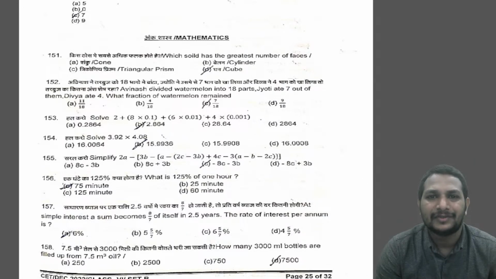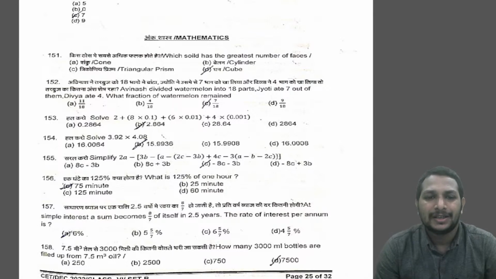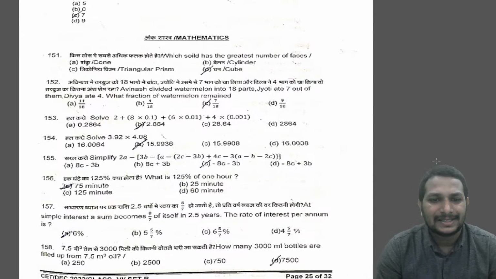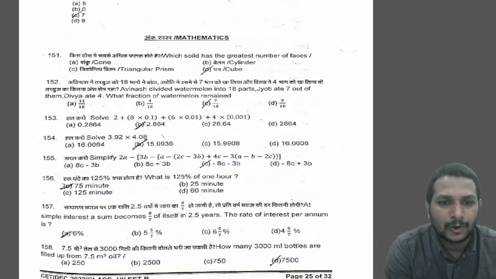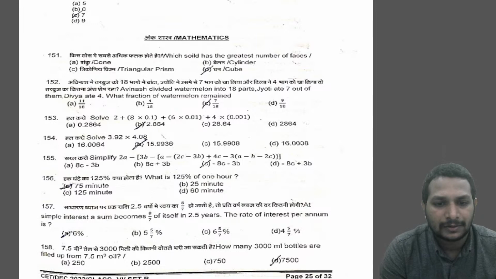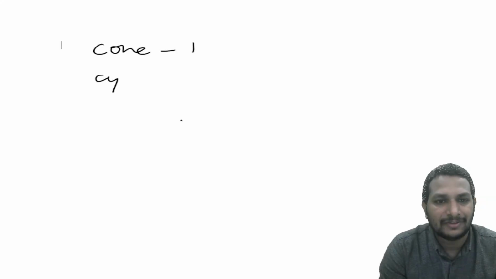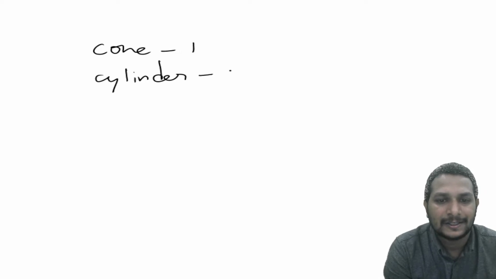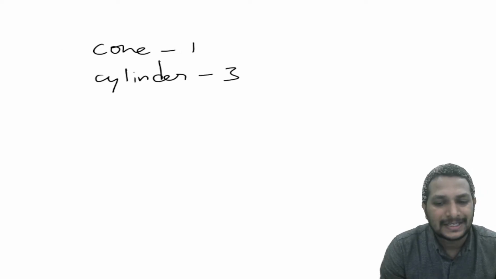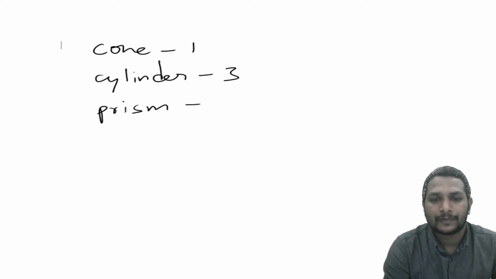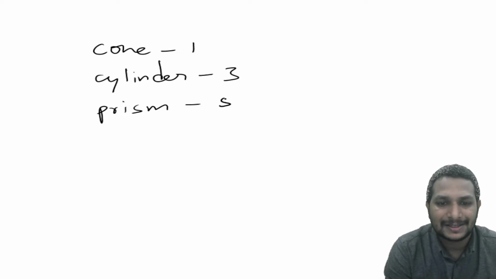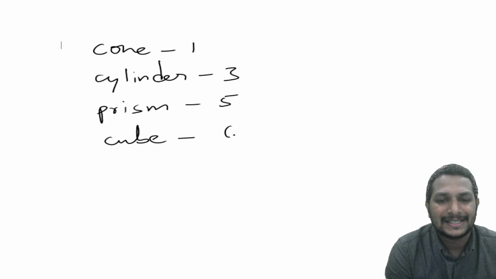As most of them might be aware, cylinder has only a few faces, and coming to triangular prism, it has five faces.